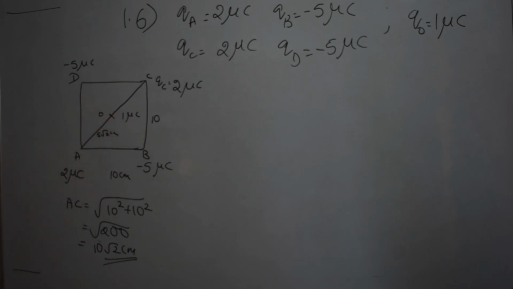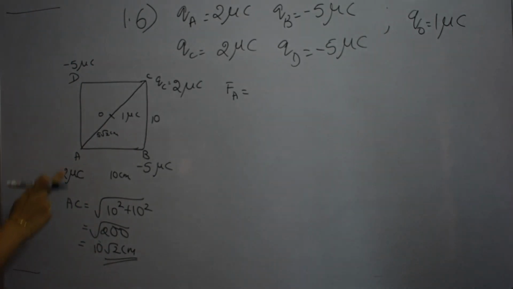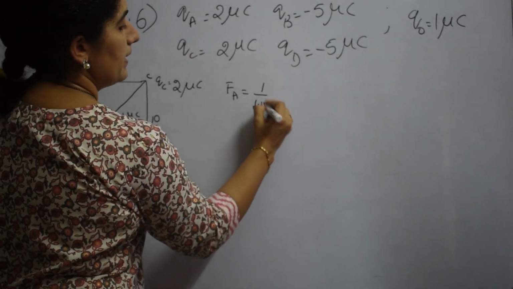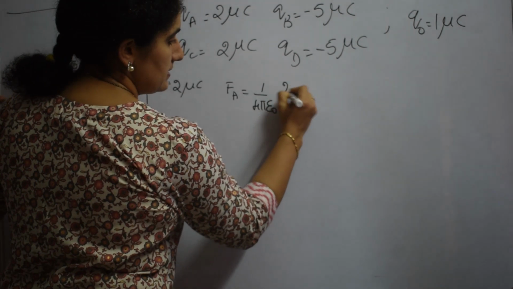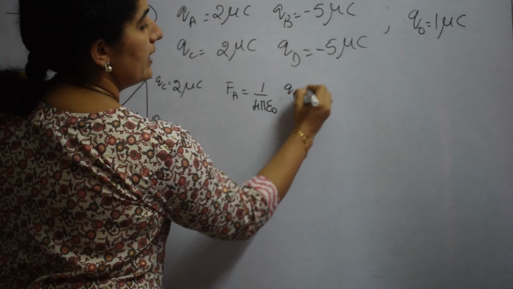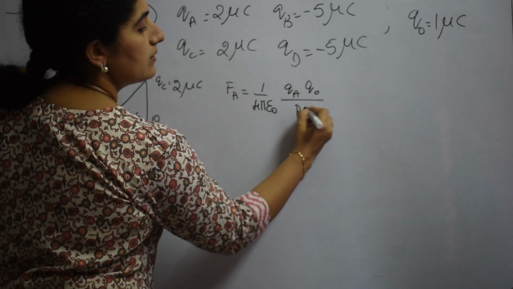Now we will calculate the force acting at the center. So I will write it as FA first. FA at this point. So 1 by 4 pi epsilon naught, QA QO divided by AO square.